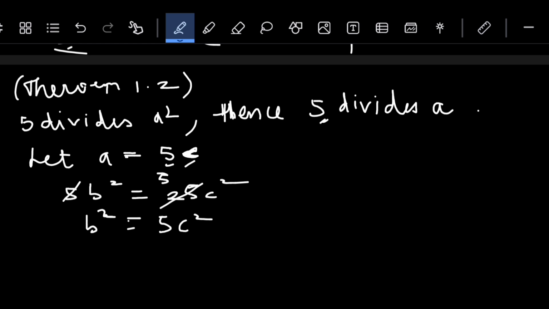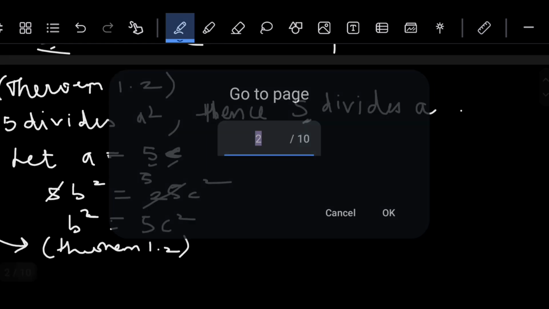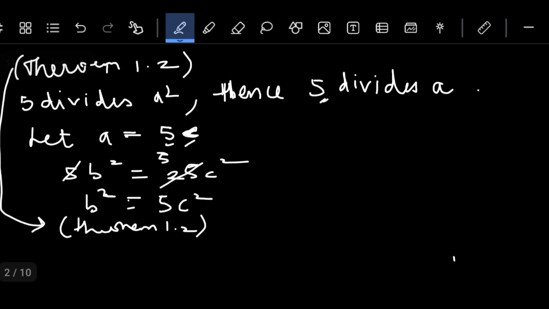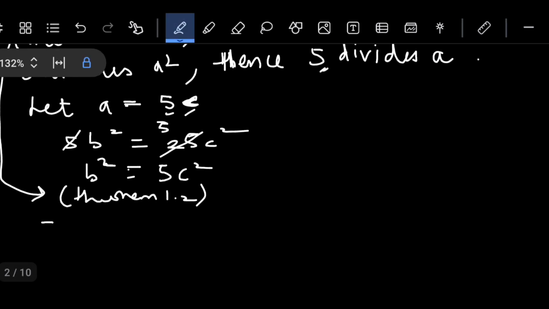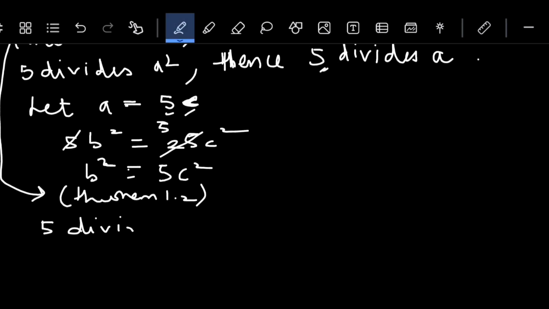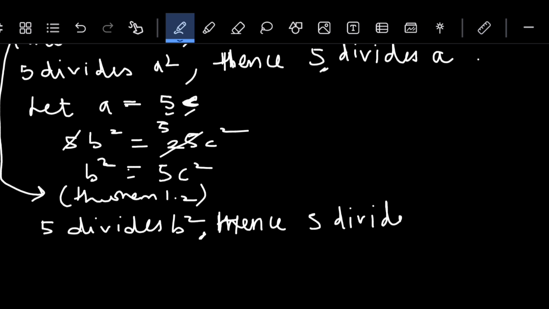Now the same theorem, I'll write it here. Theorem 1.2, I'll write completely: 5 divides b square, hence 5 divides b, correct?